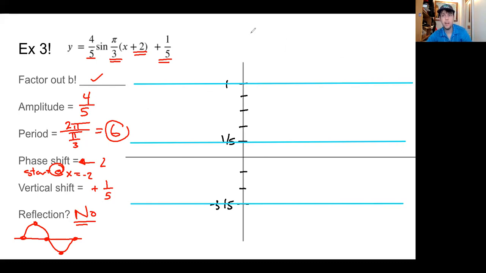I compare my starting value, x equals -2, shifting over to the left, to what happens when I divide my period by 4. Because remember, we need to divide our period into these 4 sections.